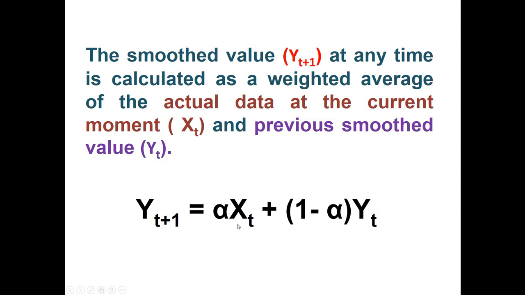Now, when alpha is equal to 1, 1 minus alpha becomes 0, so there is no effect from the previous data, and the next forecast depends on the current moment data. The other way, when alpha is equal to 0, the current moment data has no importance and the previous data has the highest importance.